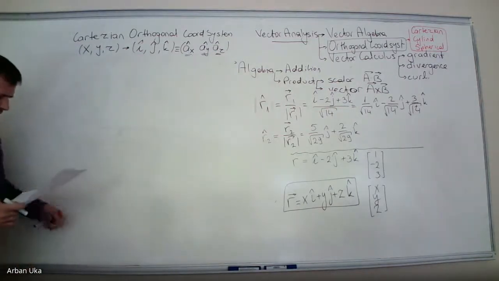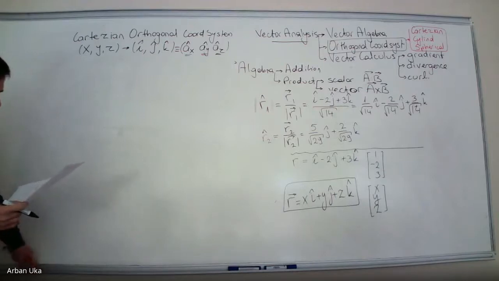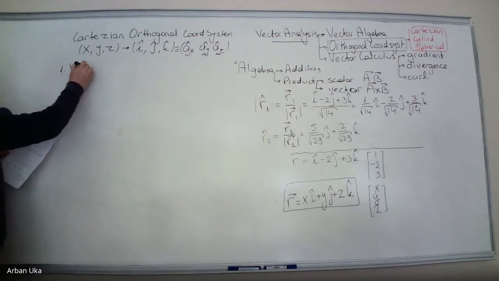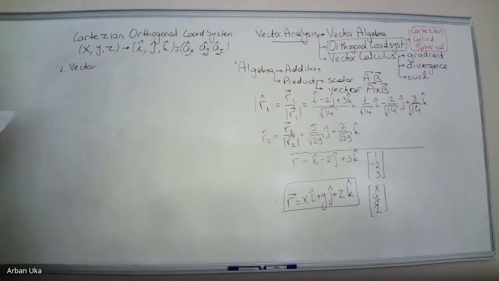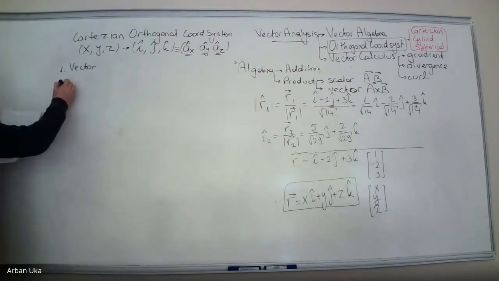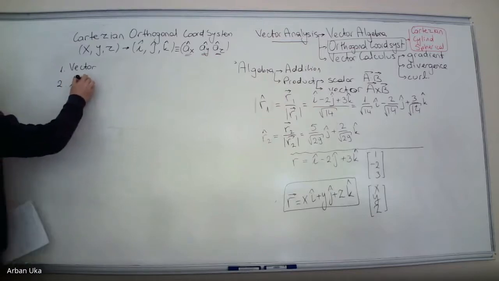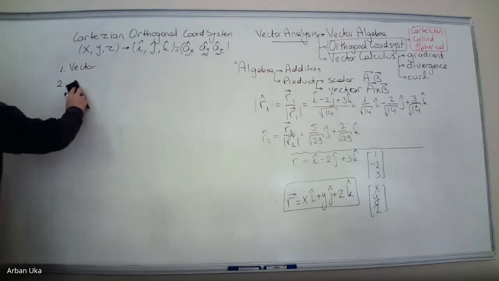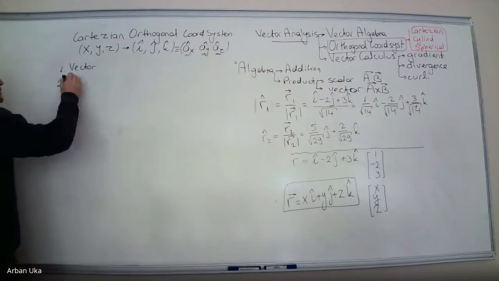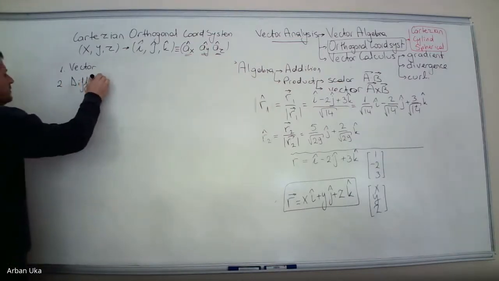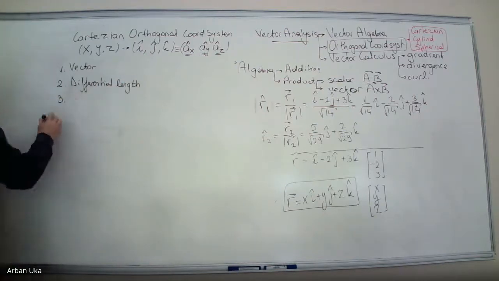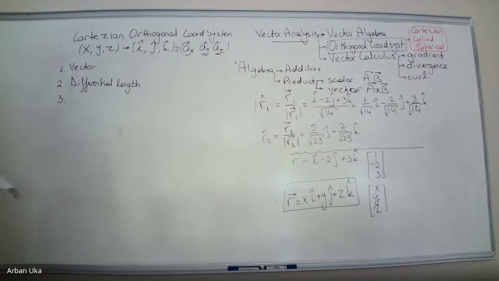They are perpendicular, and the first thing that we need to define is the vector, okay? The differential length, let me call this one shortly, differential length. And the third important component is the differential volume.